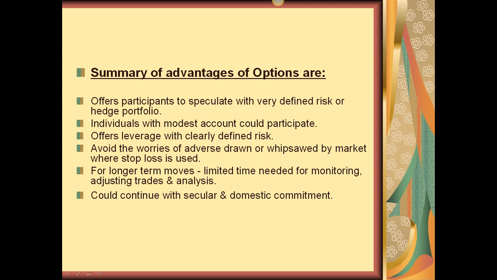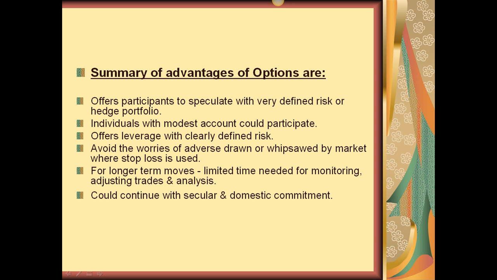So what are the advantages? Advantages are that with a very clearly defined risk-reward, you could either hedge the portfolio or you could speculate. An individual with a relatively modest account, i.e. an account even less than $5,000, but then, as I said, because of the size of trades you would take, the dealing cost might be disproportional.